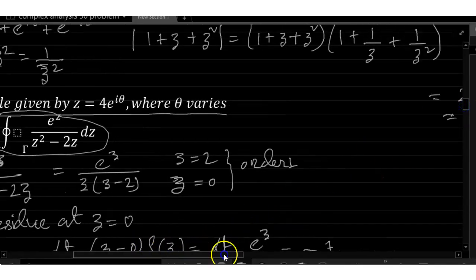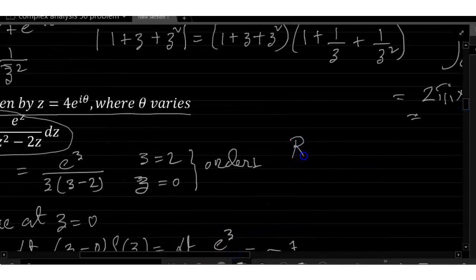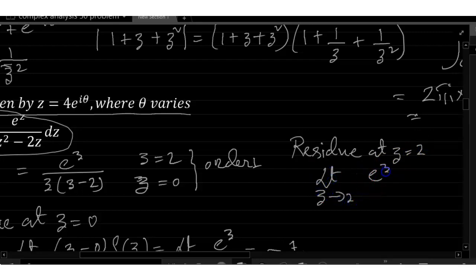Similarly, residue at z equals 2: limit z tends to 2 of e to the power z divided by z, that means e square divided by 2.